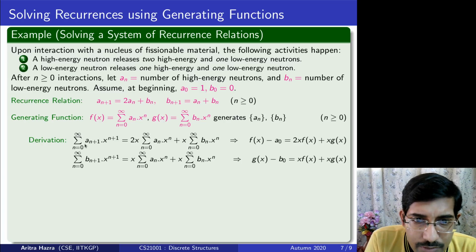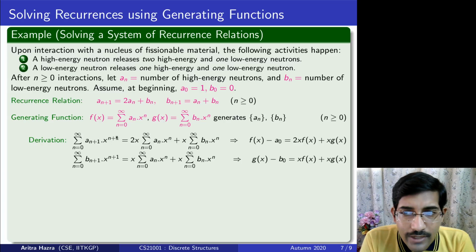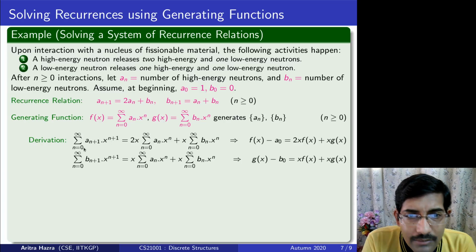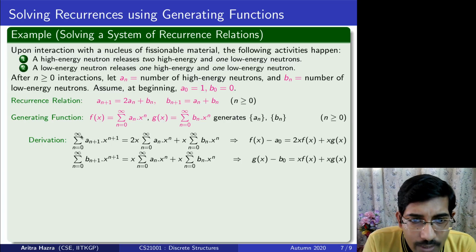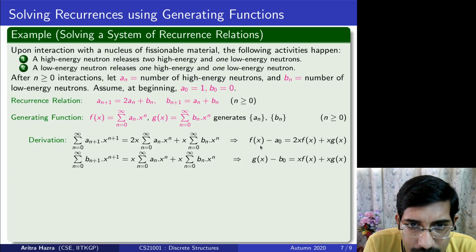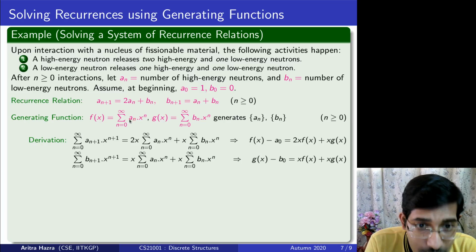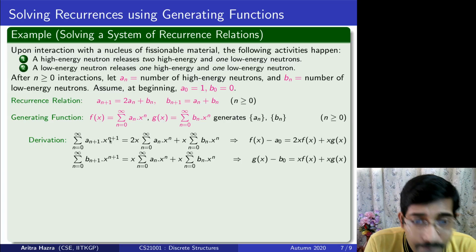If I take out this x, because it's to the power n+1 in both positions, what does this give me? n is going from 0 to infinity, so n+1 is going from 1 to infinity. So it is nothing but f(x) minus A0, because one term is missing here.